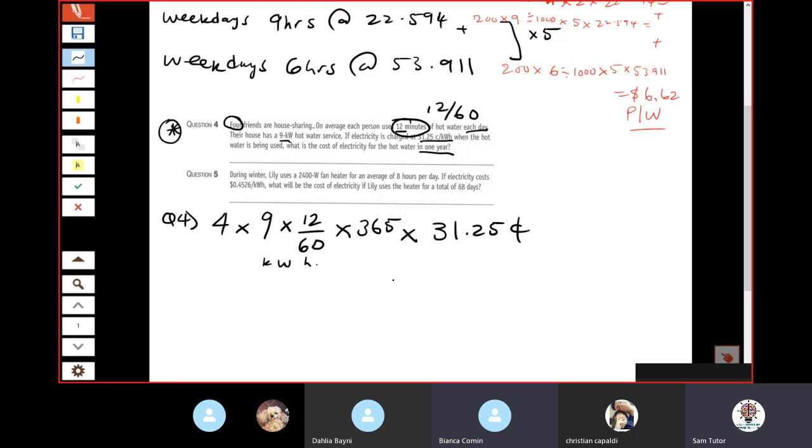So just a whole lot of multiplying, isn't it? That's it. You're done. 4 times 9 times 12 over 60 times 365 times 31.25 gives 82,125. Don't forget, we don't want it really in cents, so divide by 100.